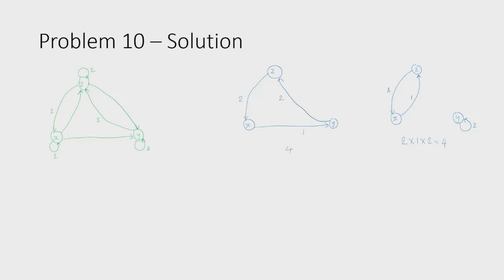Okay, so what we can do is pick this edge and this edge. So that's also a valid cycle cover.